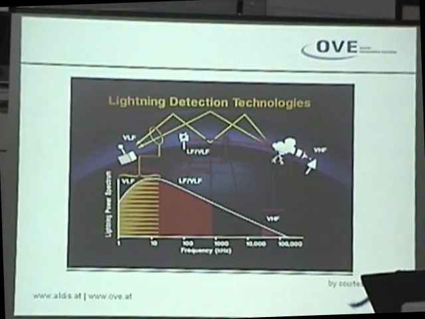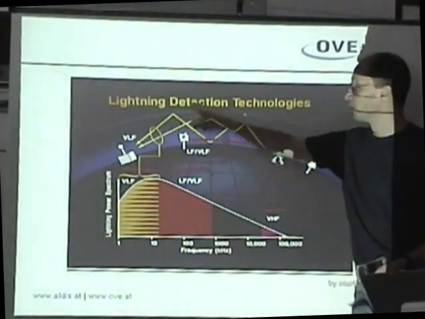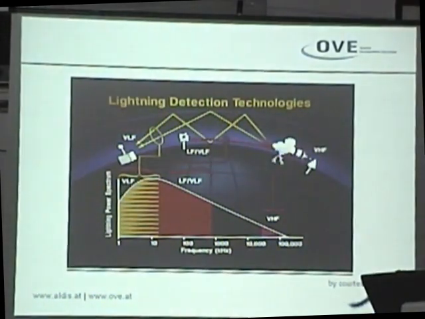And the last frequency range is the VLF system. The ATD, the system of the British Met Service, is using VLF, operating at about 10 kHz. In this frequency range, they normally operate with ionospheric reflections. So they rarely get the ground wave.